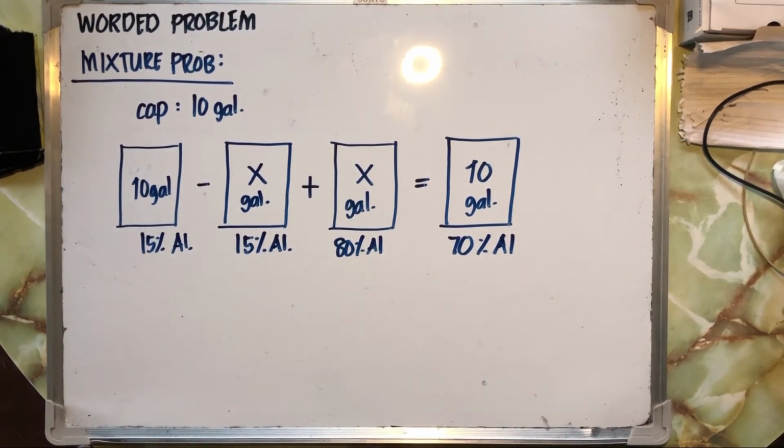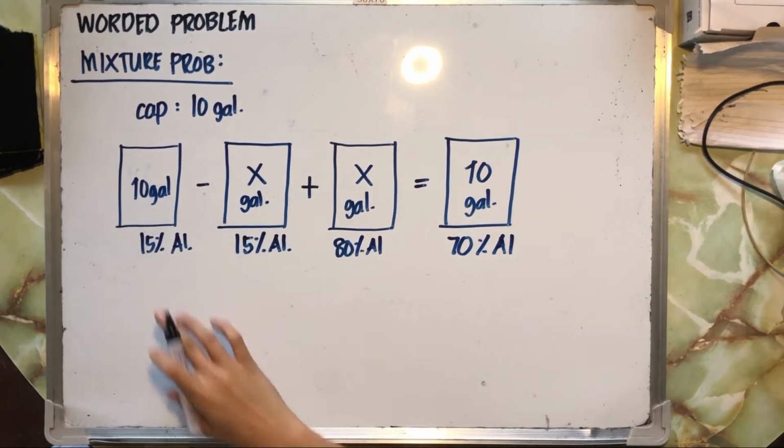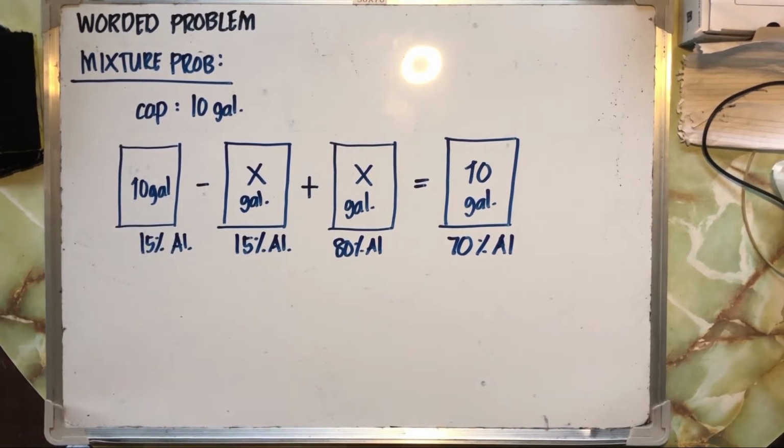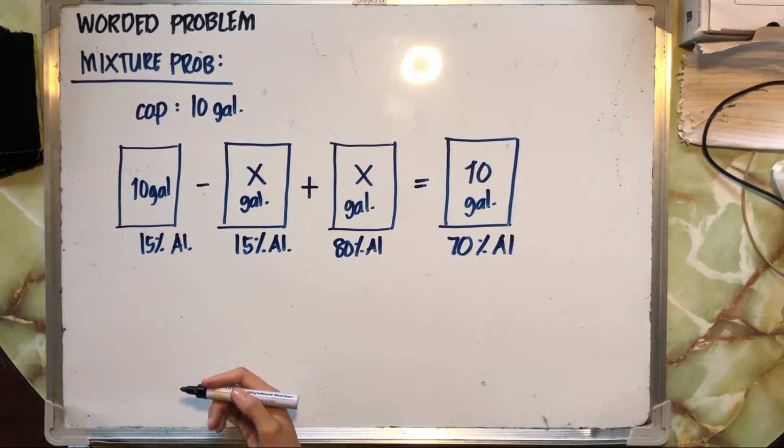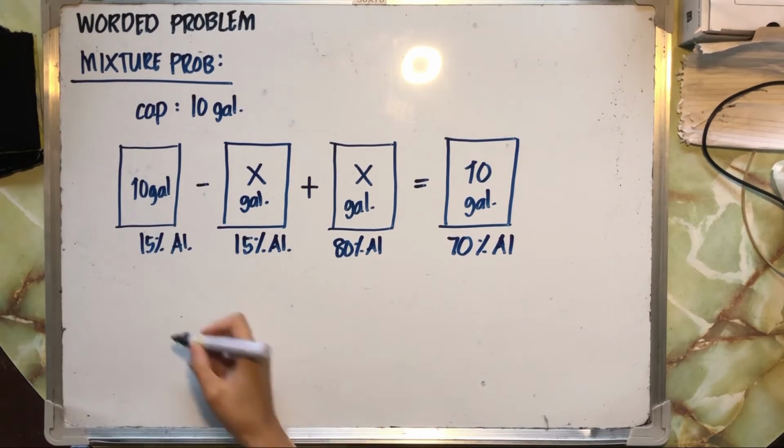Okay? So, this is going to be our working drawing for this one. And from this, we will now make our mathematical equation, which is very basic. You just need to be consistent with all your units for every term that we have here.